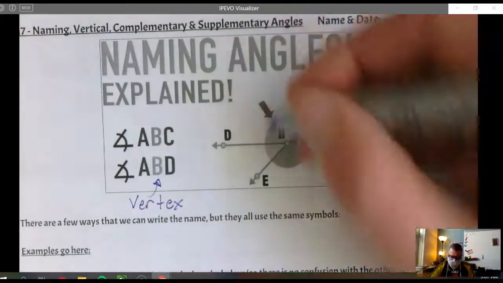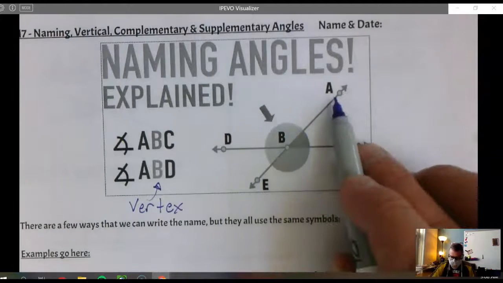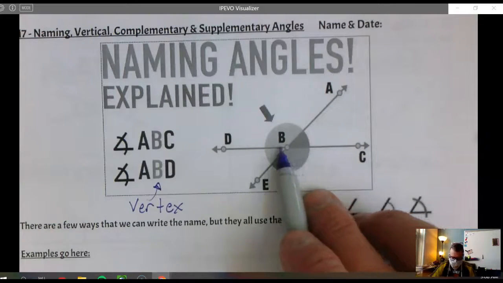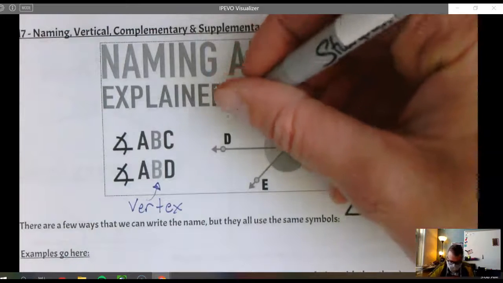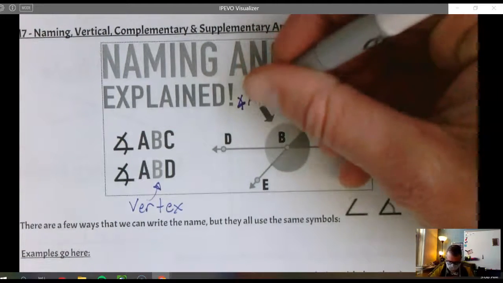So angle ABD is the angle from A through B going to D. So this angle where we have the arrow pointed to is angle ABD.